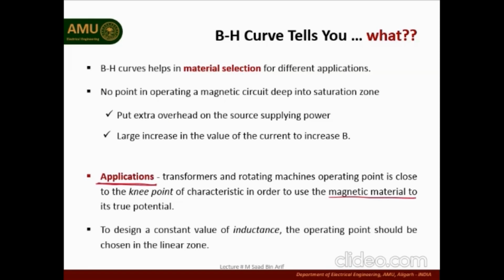Then EMF is induced and maximum power will be transferred to the secondary side from the primary. That is, the utilization of the core is maximum in this condition. Now, to design a constant value of inductance, the operating point should be chosen in the linear region, because in the linear region, B and H are linearly related to each other.